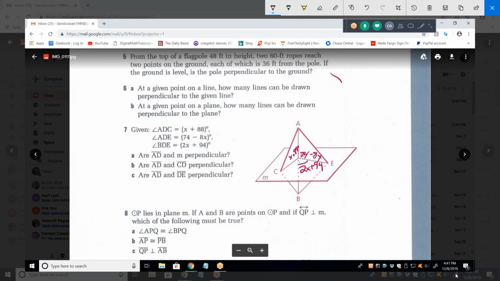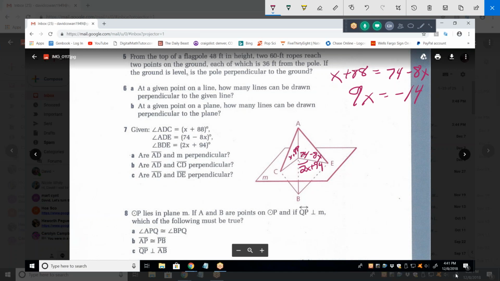Can we say that x plus 88 has to be, for AD to be perpendicular to the plane, these angles would have to be equal, I believe. Certainly looking at it, that would be the case. Not only equal, they would both have to be 90 degrees. So 9x equals negative 14.